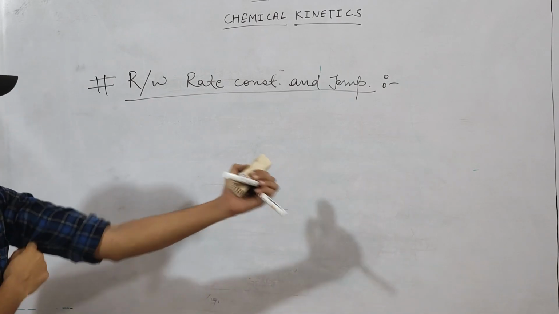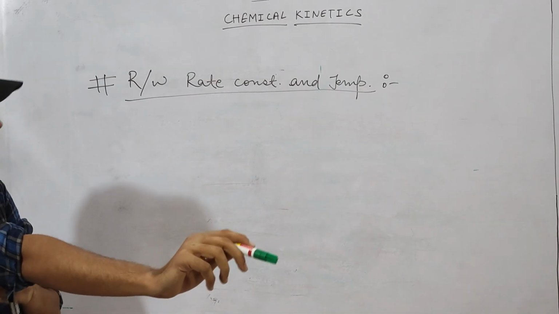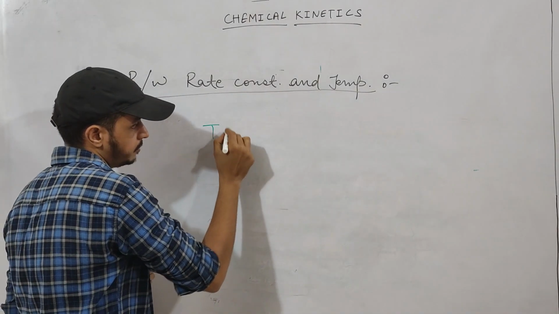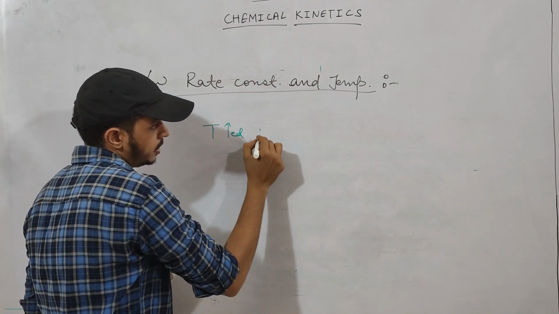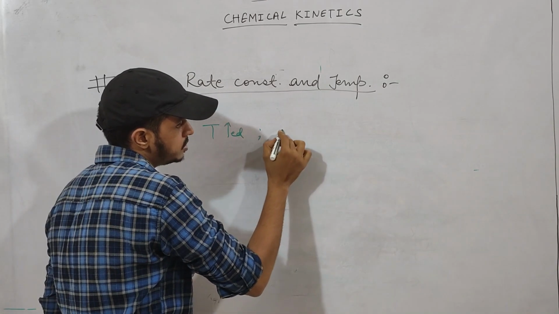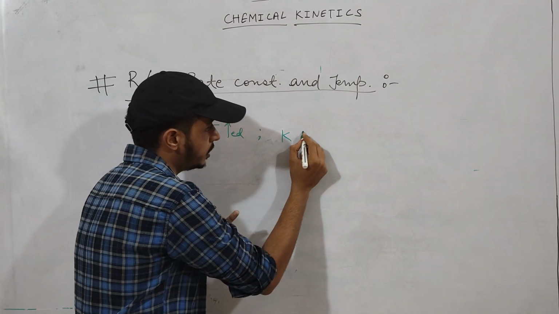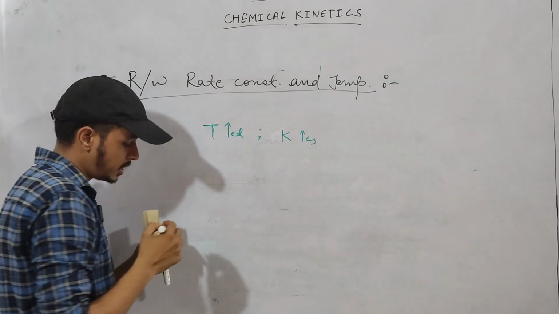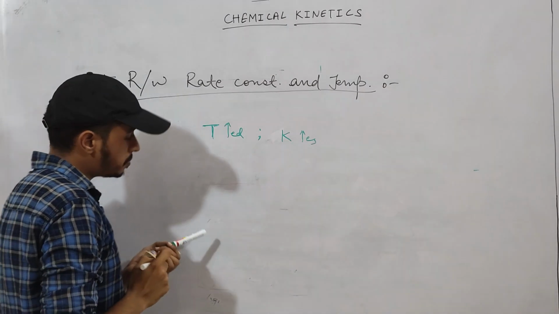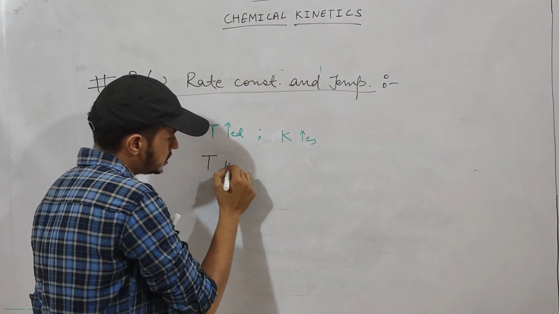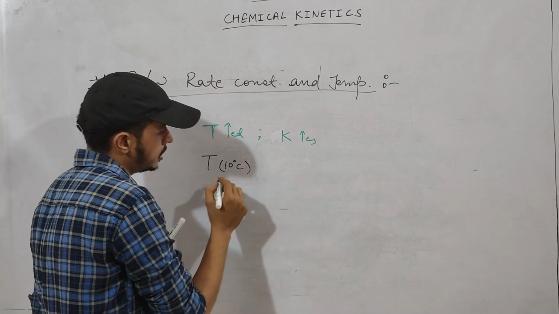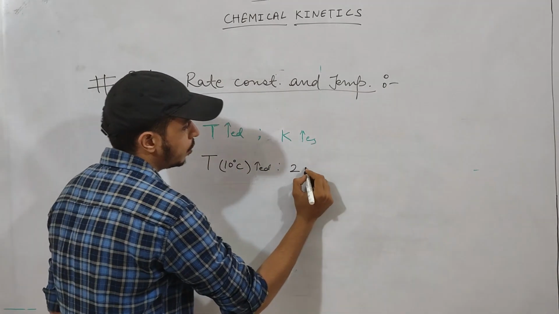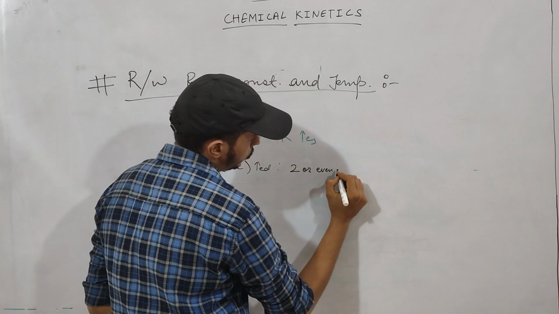This theory was given by Arrhenius. According to this, when temperature is increased, the rate constant, which is represented by K, also increases. When temperature increases, rate constant increases. But when the temperature is increased by 10 degrees Celsius, the rate constant becomes double or even more than double.